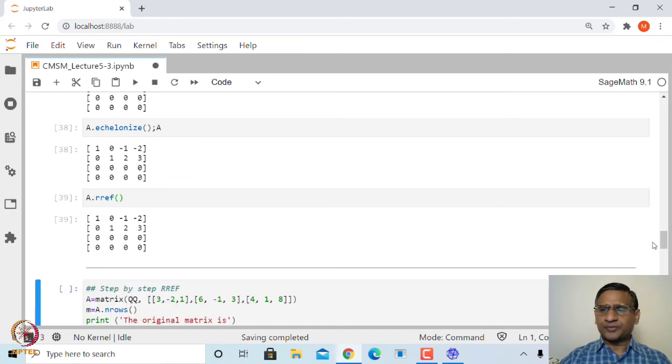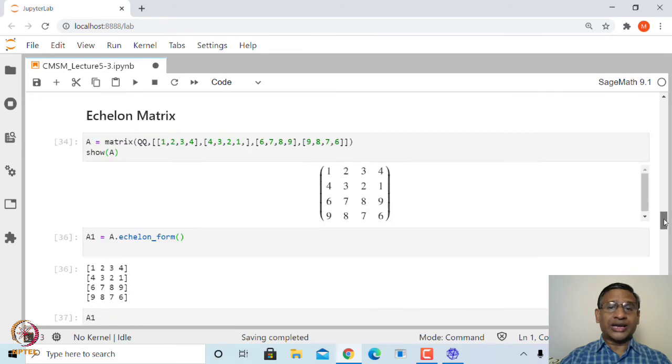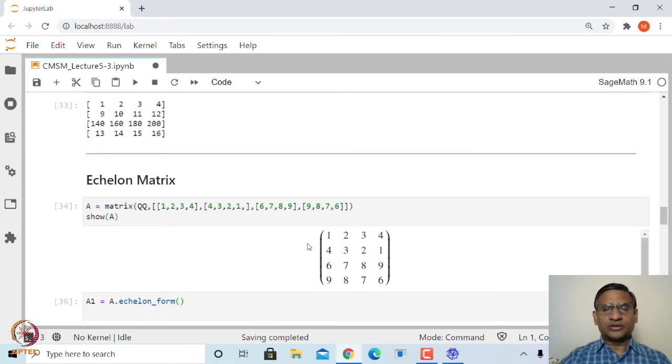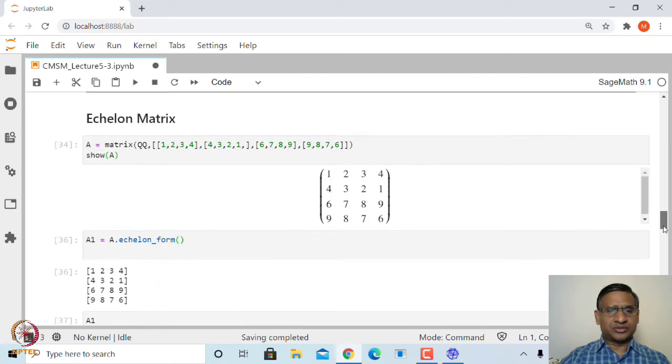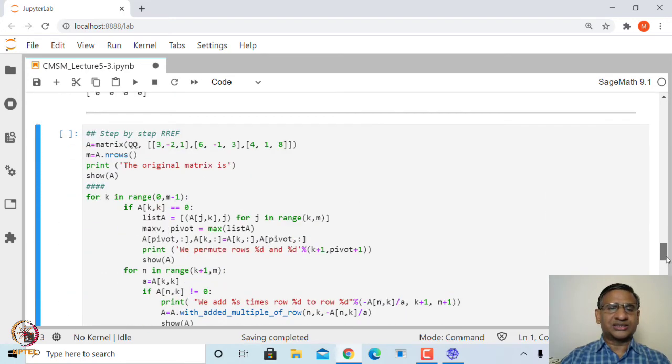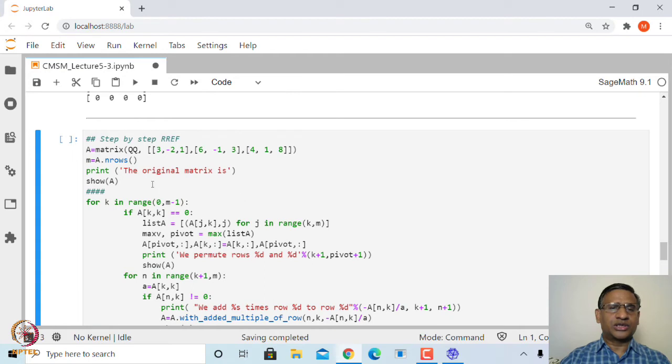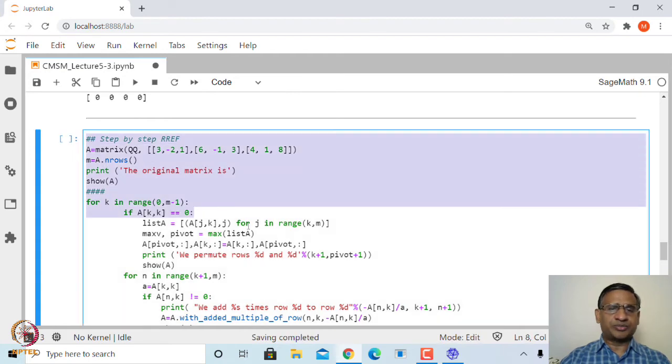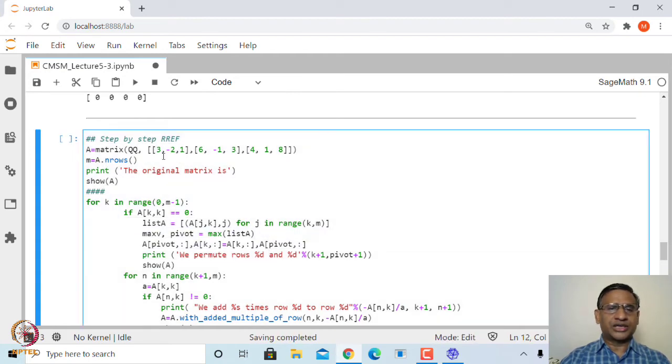Now, suppose you want to write your own function to convert any matrix into RREF, then it is quite simple. This particular code gives you step by step conversion of a given matrix to RREF.